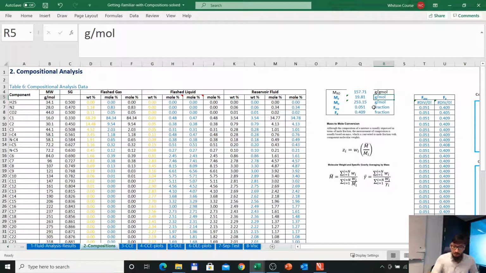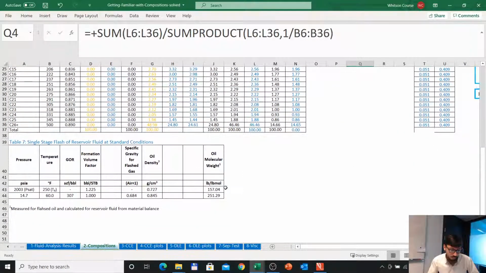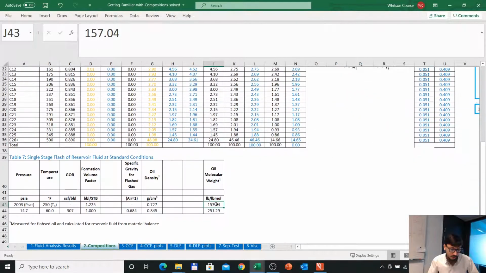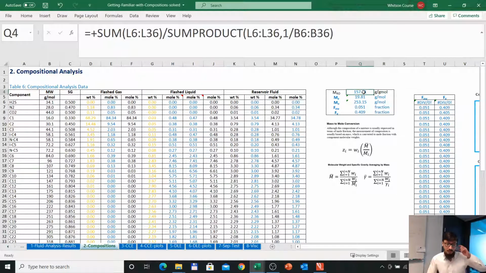Then you can also check that this number is similar to what we have here. This is the molecular weight of the reservoir fluid at the bubble point, and this is what we have calculated from the compositional data. So they are similar.